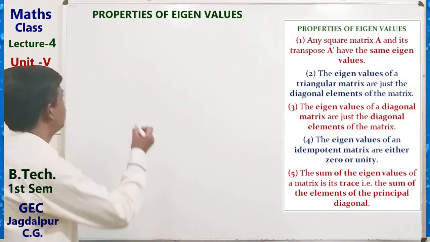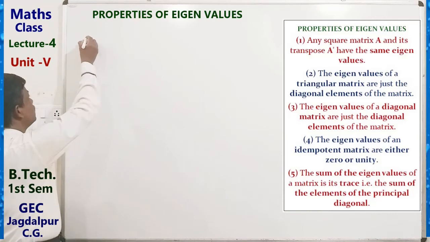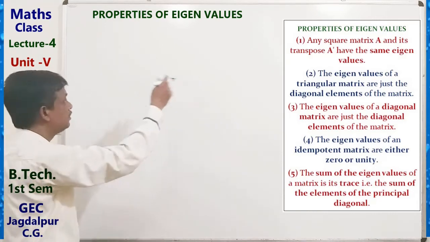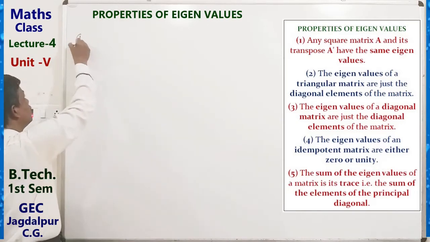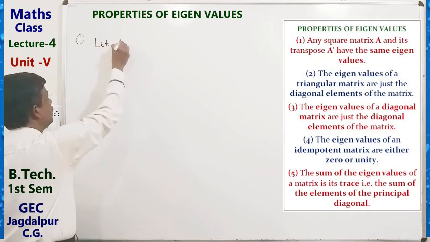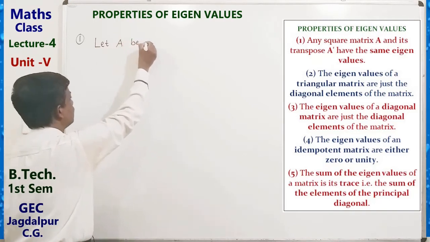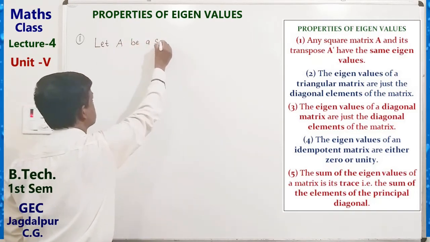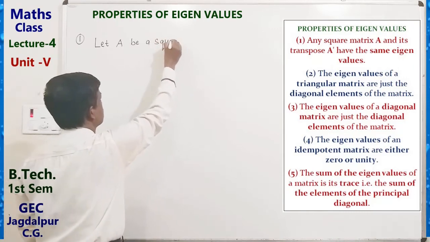Means, suppose, first property here: let A be a square matrix.